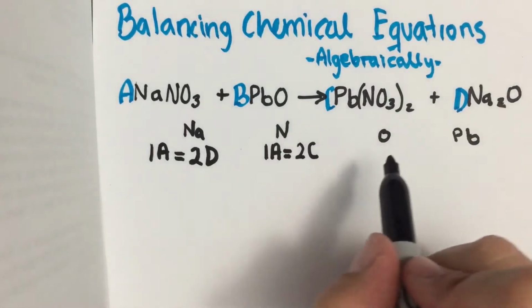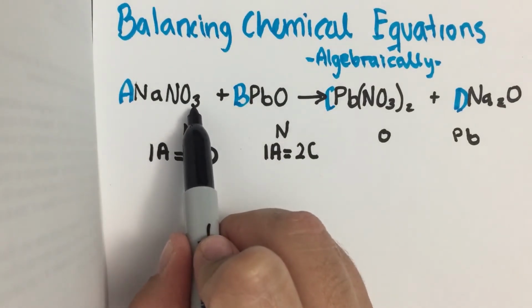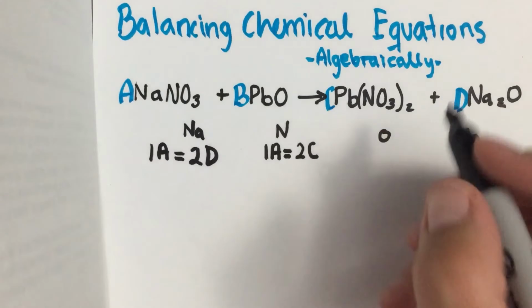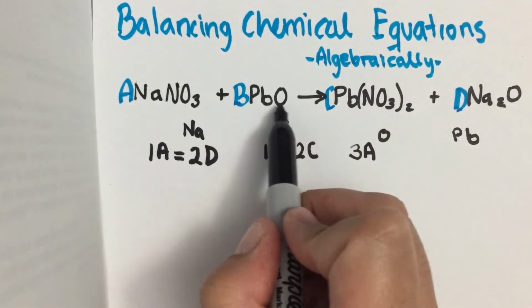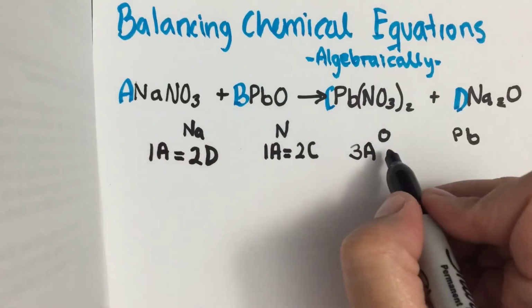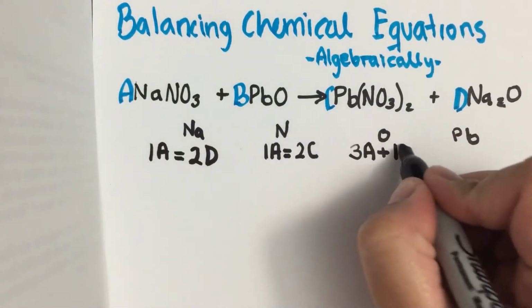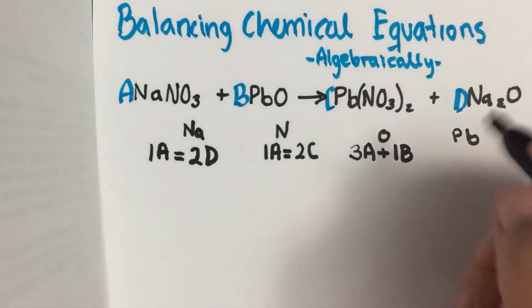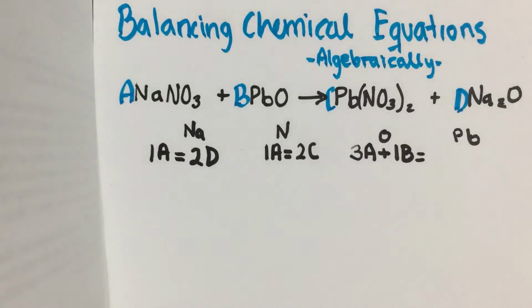Okay, oxygen, then we go ahead and check. We have 3 oxygens here, 3A, and we also have oxygen here. We need to express that as a sum, 1B. All right, then equal to whatever we have on the other side.